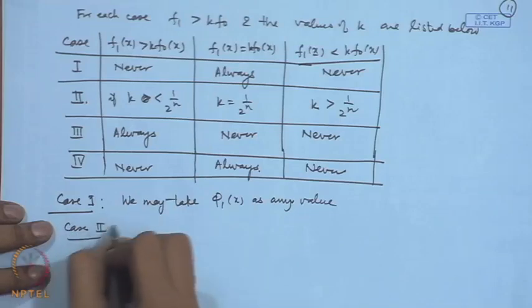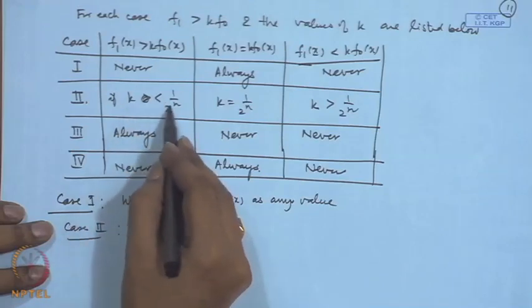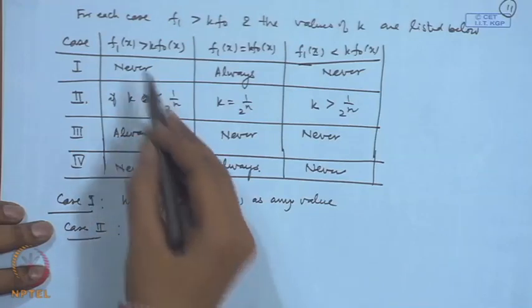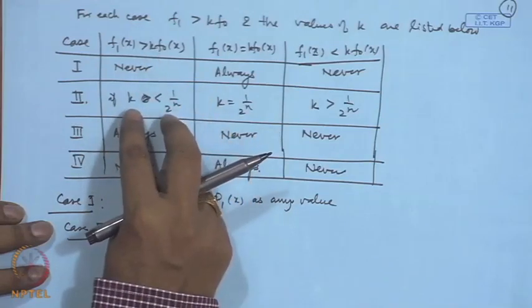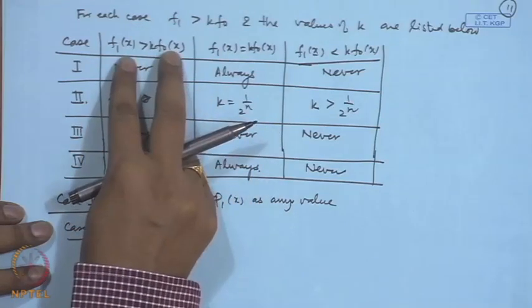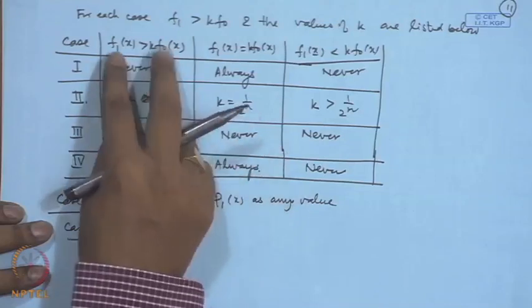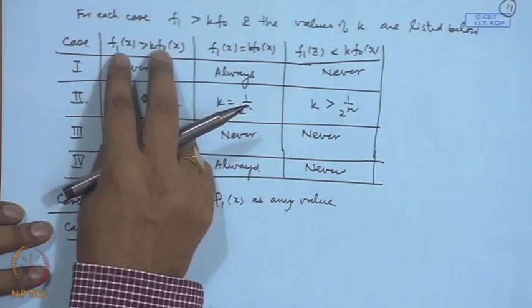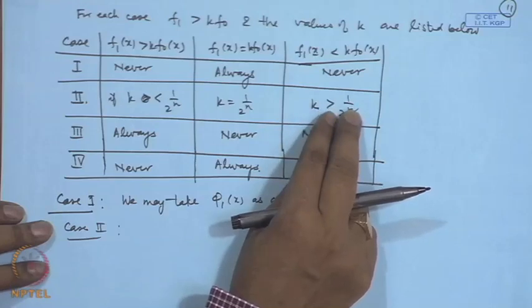In case 2, if k is less than 1 by 2 to the power n, in this case f 1 is greater than k f naught. That means, this is the corresponding case to rejecting H naught. So, if k is less than 1 by 2 to the power n, we will say reject H naught, and in this case we will say accept H naught. That means, phi 1 is equal to 0.